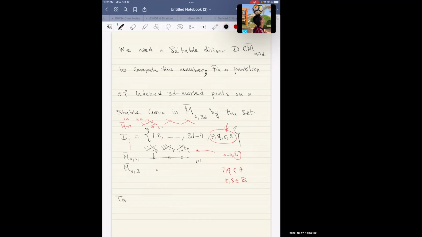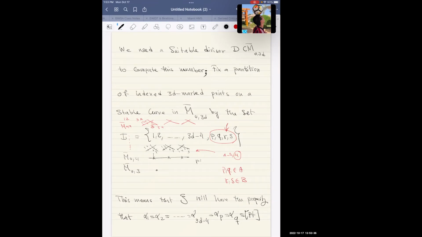So this means that C will have the property that alpha 1 is going to be equal to alpha 2 equal to all the way to alpha 3D minus 4, right? To alpha P equal to alpha Q as point classes.